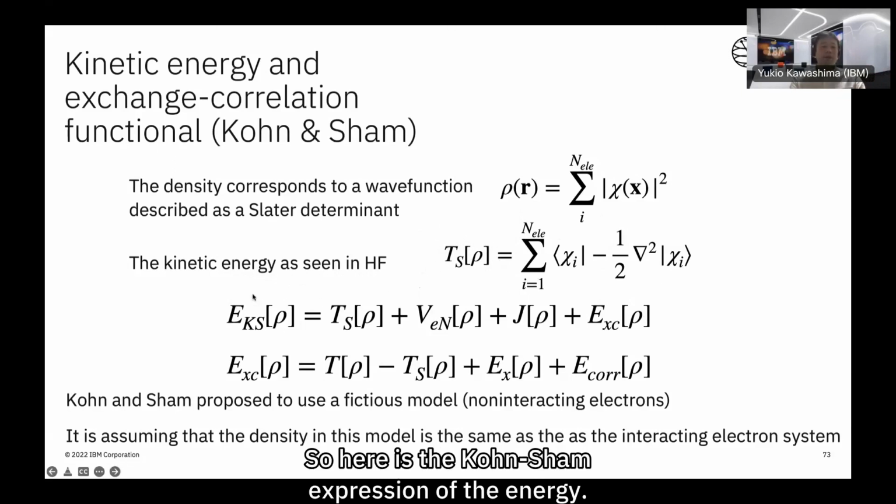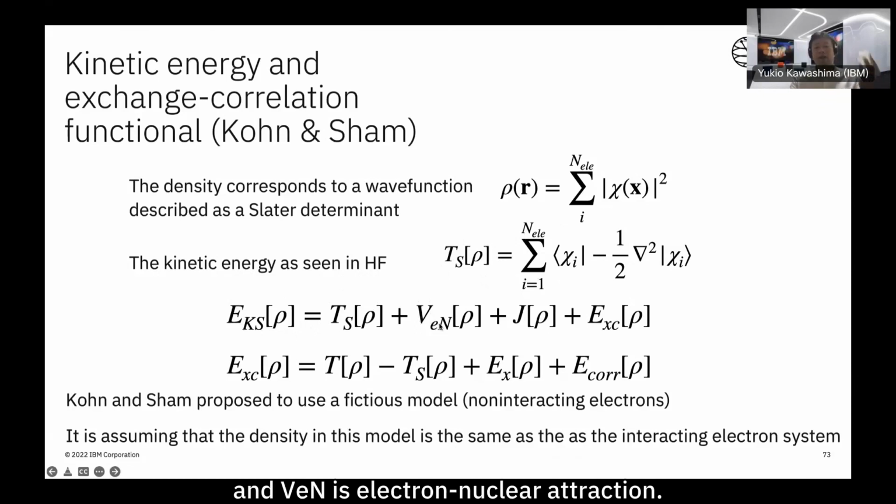So here is the Kohn-Sham expression of the energy. So Ts is the kinetic energy using the spin orbitals, and VEN is the electron nuclear attraction, J is the Coulomb term, and EXC is shown like this. So there's the exchange potential, the correlation potential, and there is this T minus Ts.